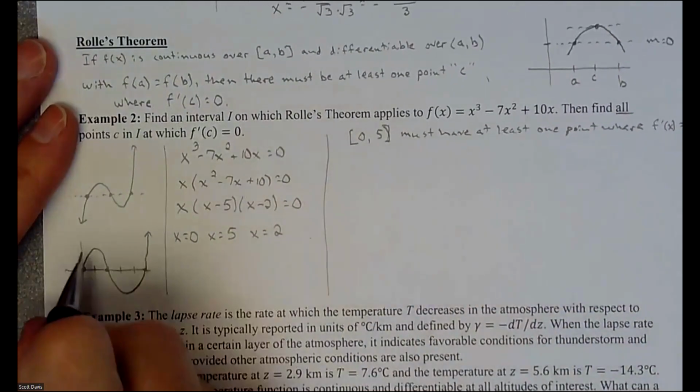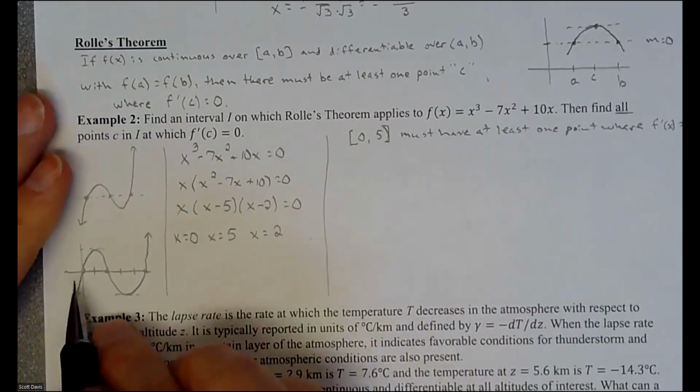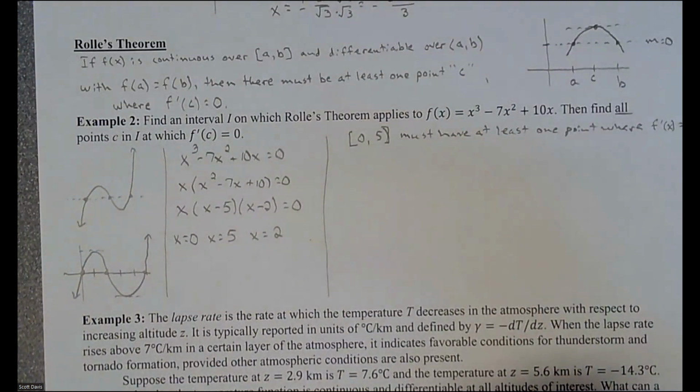Okay, so it's a guarantee, right? We're going to have one somewhere here. We're going to have one somewhere here. So I know that between 0 and 5, that's going to happen. Let's figure out where it is.